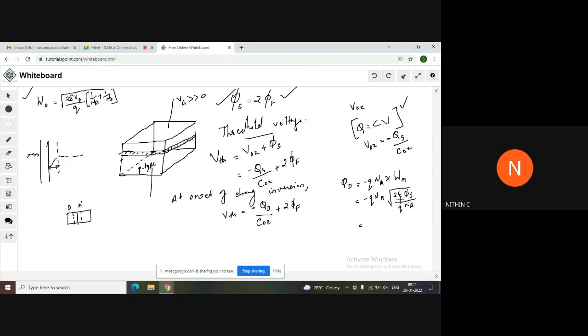Instead of phi S, you can substitute 2 phi F minus, QNA root of... actually this root is for the entire term. 2 epsilon into 2 phi F divided by QNA is equal to, how will this expression turn out to be? How will this change?